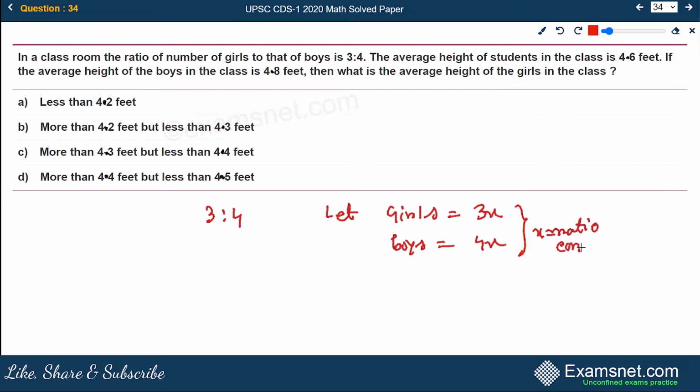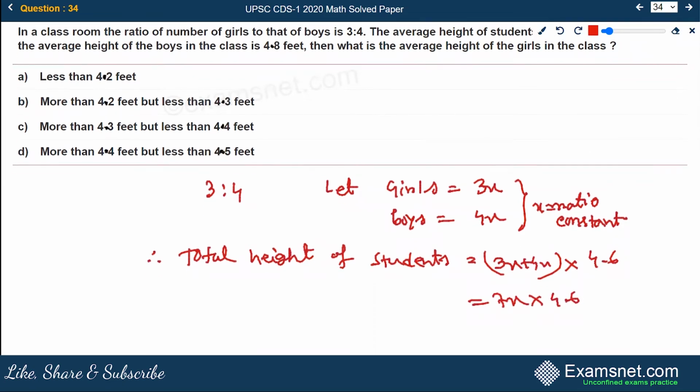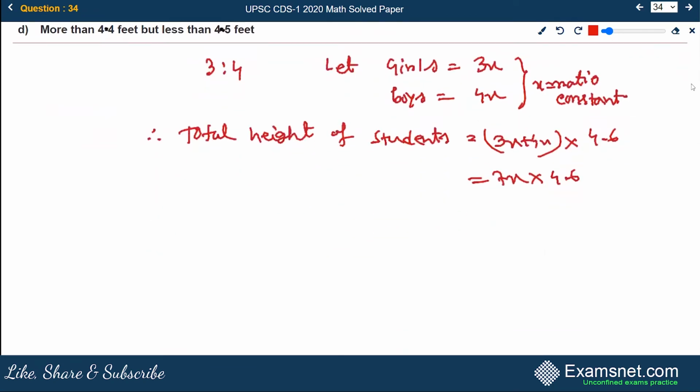Okay, so we are given the average height of the students 4.6, right? So total height of students, that is number of students, 3x plus 4x multiplied by average height, 4.6 feet. So I can write 7x multiplied by 4.6. Here we are given average height of boys 4.8 feet.